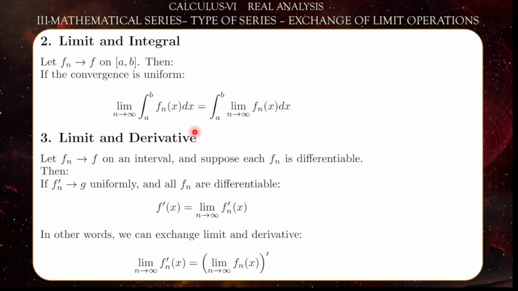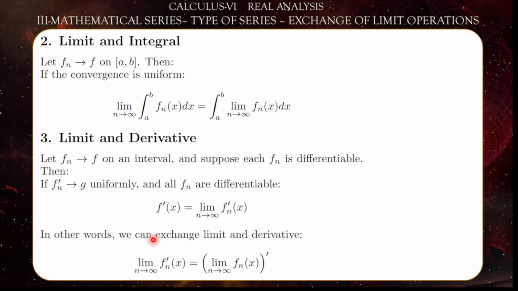Now, the third criterion, which is limit and derivative. Let fn approach f on an interval, and suppose each fn is differentiable. In such a case, if fn prime approaches g uniformly, and all fn are differentiable, then f prime of x is equal to the limit as n approaches infinity of fn prime of x.